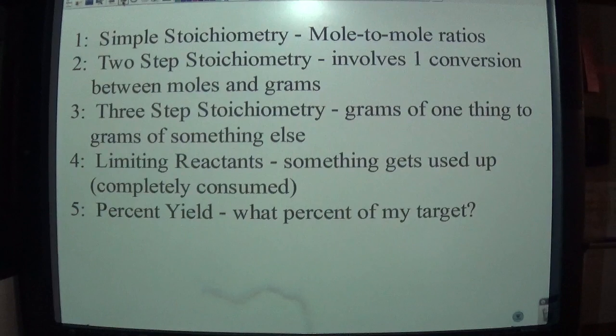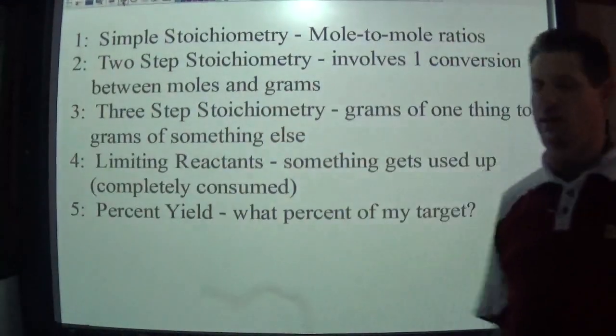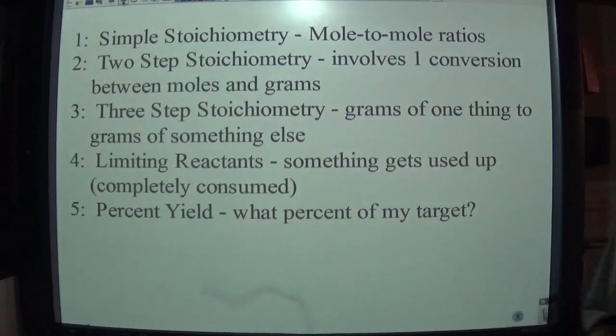Three-step stoichiometry, this is the key. This is typical, like everyone should be able to do three-step stoichiometry. That's where they give you grams of one substance and you're solving for grams of something else in that chemical reaction. The fourth thing that we talked about was adding one more layer to it, the idea of limiting reactants. What is going to be used up? What gets consumed? What is gone? And I can't keep making more product.